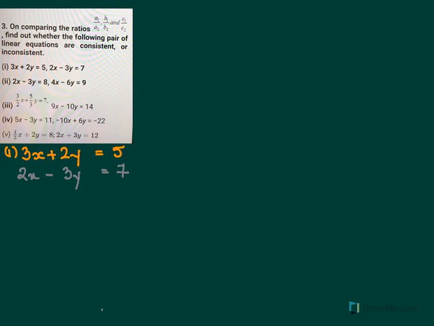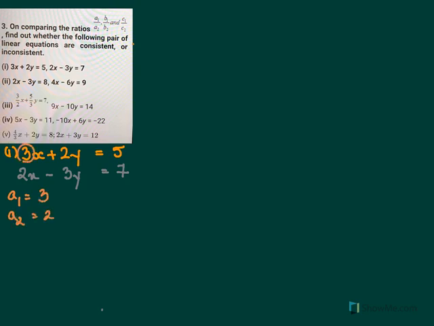So here, on comparing the ratios, find whether the following pairs of linear equations are consistent or inconsistent. I'll repeat again, consistent means one solution or infinite solutions. Inconsistent means no solutions. So for the first one, your A1 is 3, your A2 is 2.